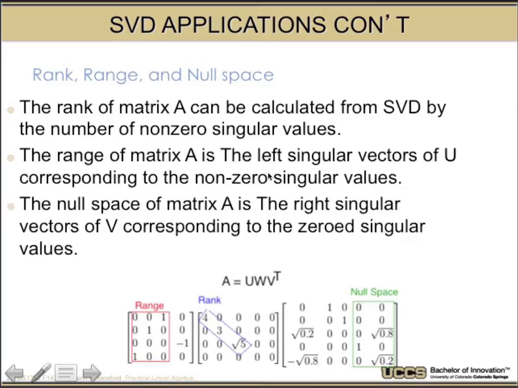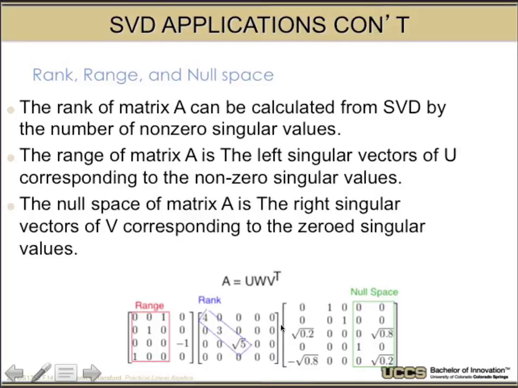So I want to look at this graphically, talking about the rank and the range and null space, to make sure you get all this from the matrix. If I have some matrix and I do its decomposition, in this case I'm going to show you the middle matrix W. It's got 3 proper singular values that are greater than 0 and then one that's 0.